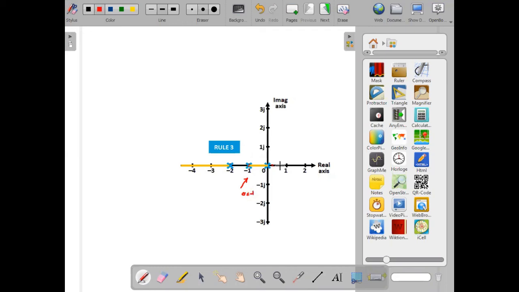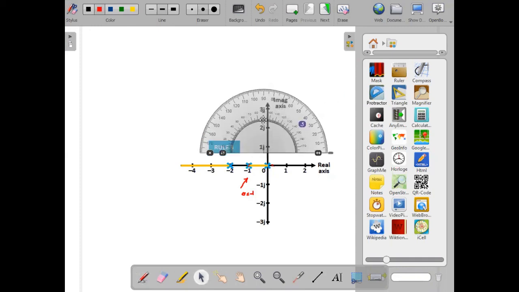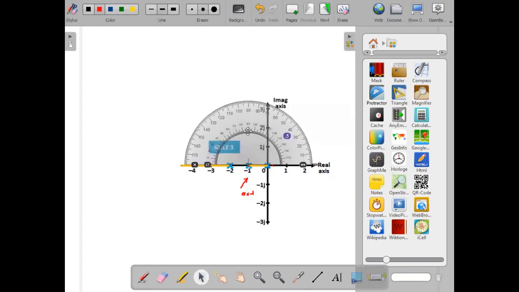And let us make use of the protractor, and with sigma is equal to -1 as a reference, we have to plot for 60°. Exactly, I have plotted for 60°.